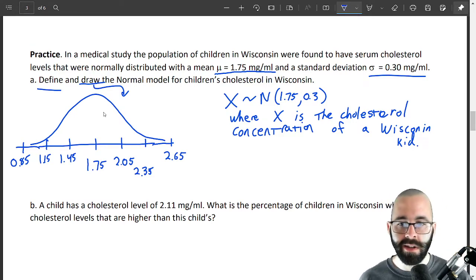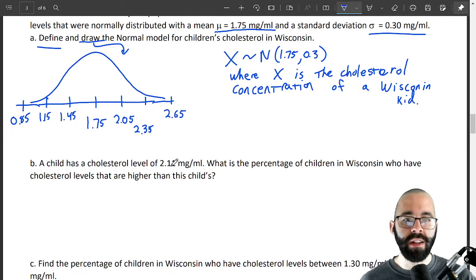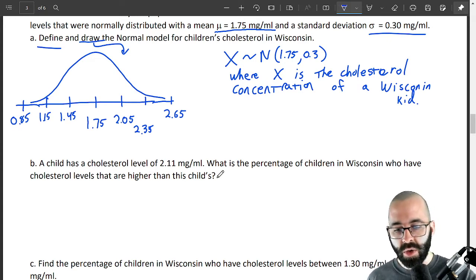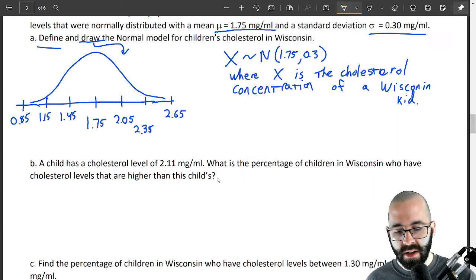We're good to go. Well, if a child has cholesterol levels of 2.11 milligrams per milliliter, what is the percentage of children in Wisconsin who have cholesterol levels that are higher than this child? So graphically, we're asking about what percentage of kids in Wisconsin have a cholesterol level higher than like 2.11. 2.11 is maybe right here.